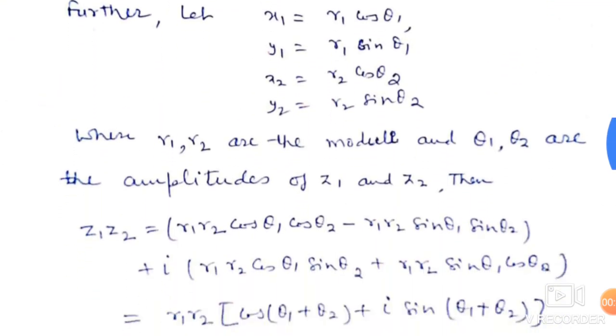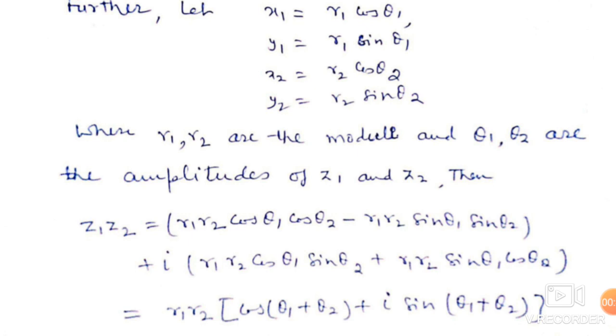Further, let x1 equal to r1 cos of theta 1, y1 equal to r1 sin of theta 1, x2 equal to r2 cos of theta 2, y2 equal to r2 sin of theta 2, where r1 r2 are the moduli and theta 1 and theta 2 are the amplitude of Z1 and Z2.